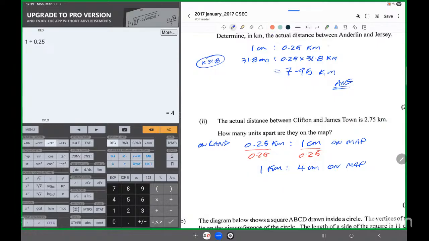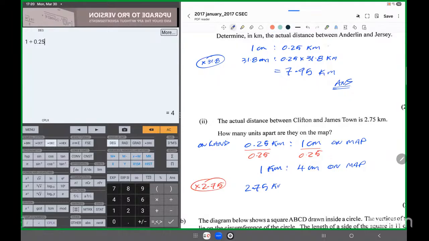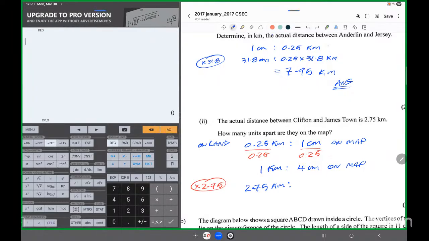What do I do next? I multiply by 2.75. And this now is 4 times 2.75. This is now 9.8 centimeters on the map. That's the answer right here.